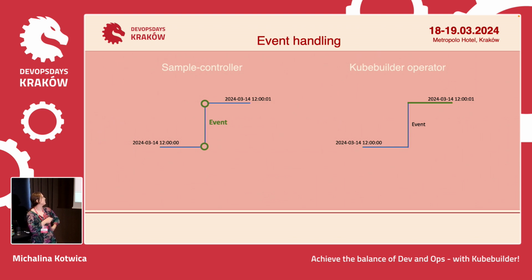Well, you see, the informer is a thing that takes an event, takes its previous state and its next state. And an operator, a Kubebuilder reconciler, so to speak, doesn't do that. It ignores the event. It simply sees the new stuff and operates on it.